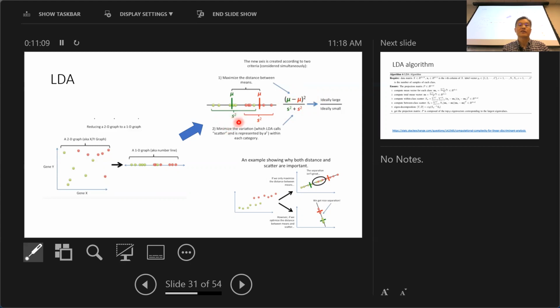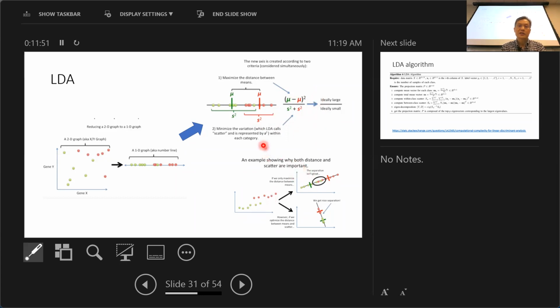This variance, green S squared, is the variance for the green data points, and this red one is for the red ones. So you put the summation of this total within group variation in the denominator, and you want to maximize the whole value, which is the separation between the two group means, while minimizing the summation of within group variation.